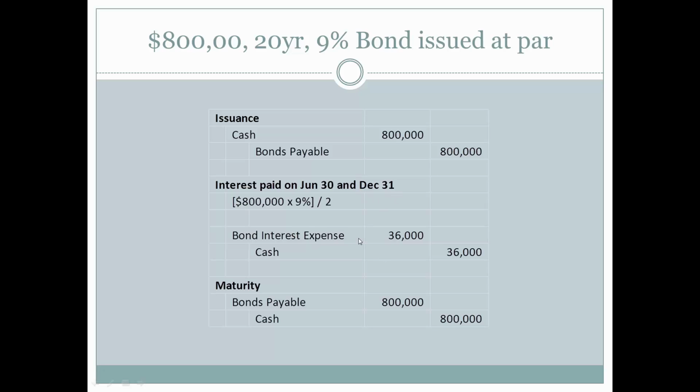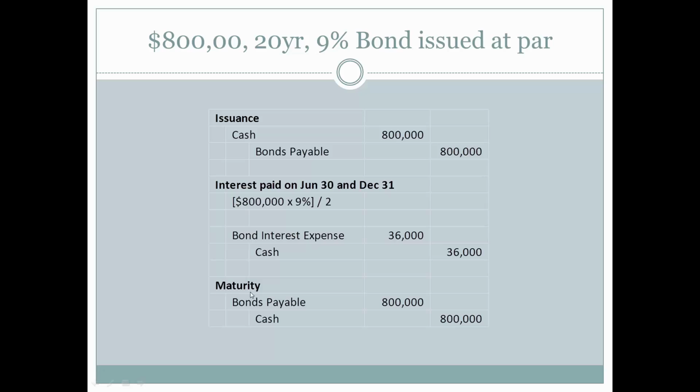They will make this same entry for 20 years. So the bond interest expense will be $36,000, which is half of $72,000, the annual interest. And the cash paid out will be $36,000.